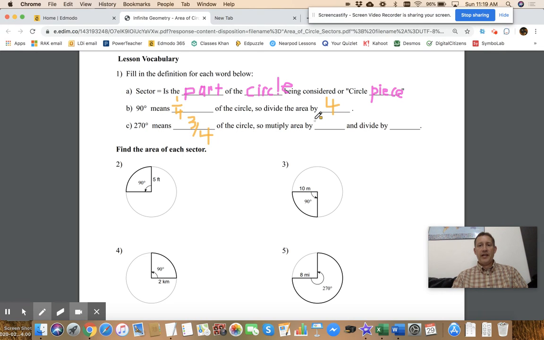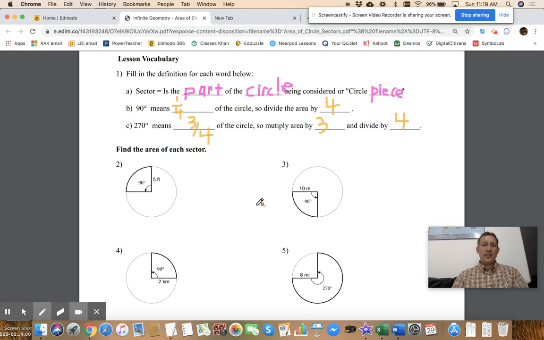So you multiply by 3 and you divide by 4. And by our example earlier, you could see sometimes it's easier to divide first. By the way, if you notice, 90 times 3 is 270. And then, of course, if it's half the circle, you're going to divide it by 2.